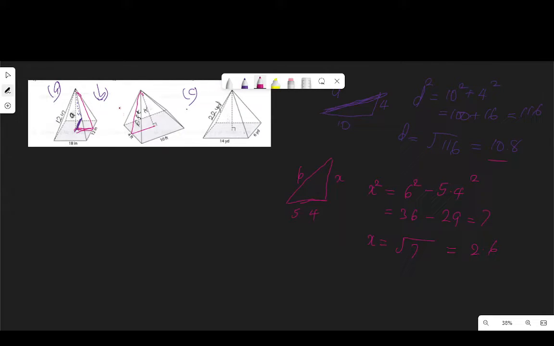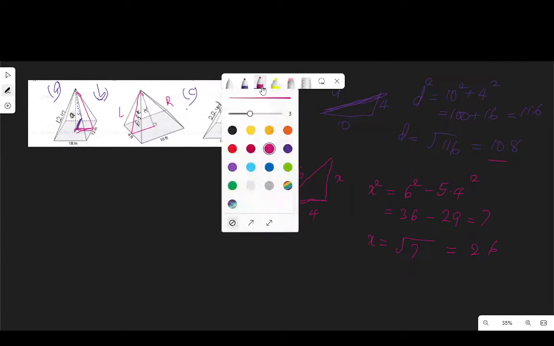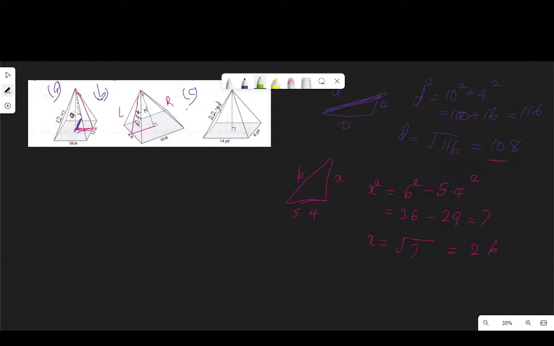This left triangle and this right triangle are exactly the same. So with that, let me use a different color so I don't make a mistake. This triangle right here is what we want to calculate.